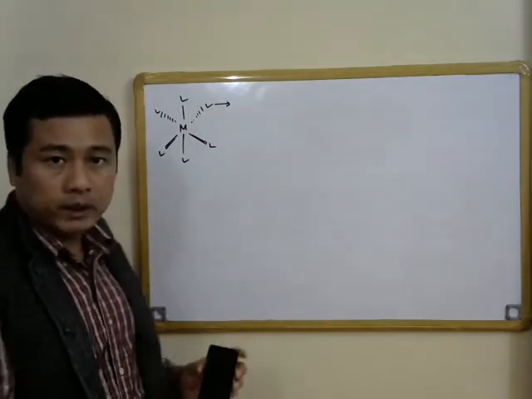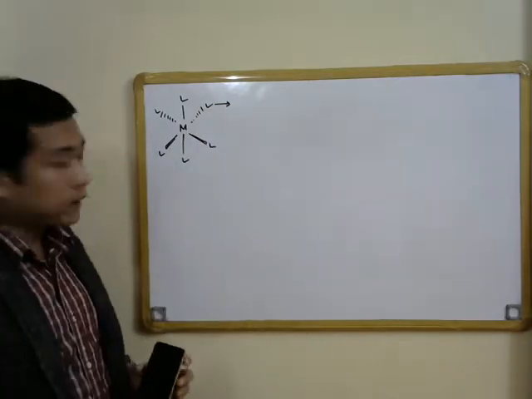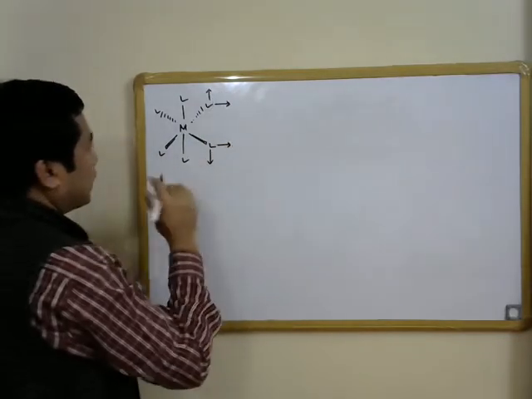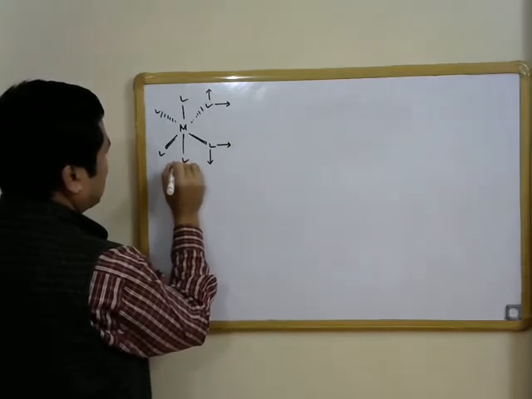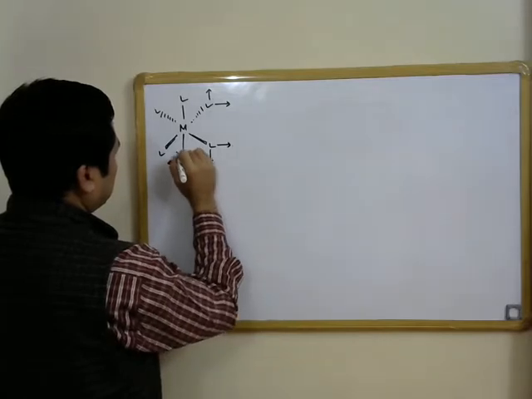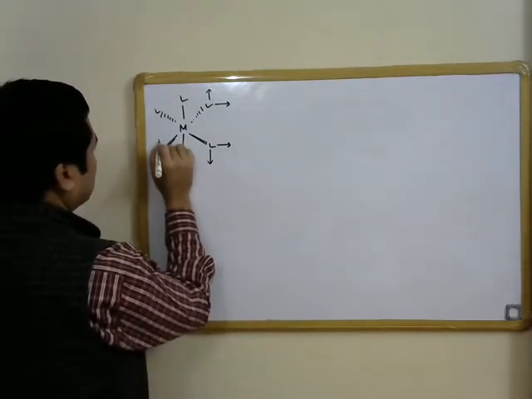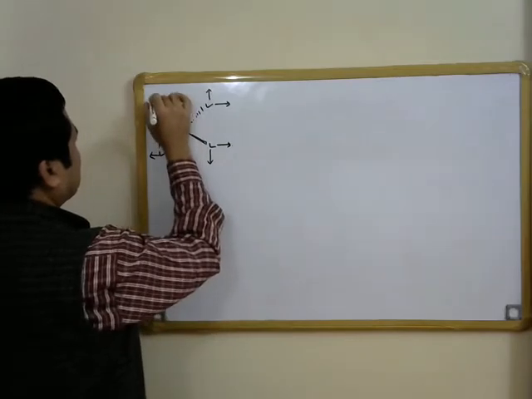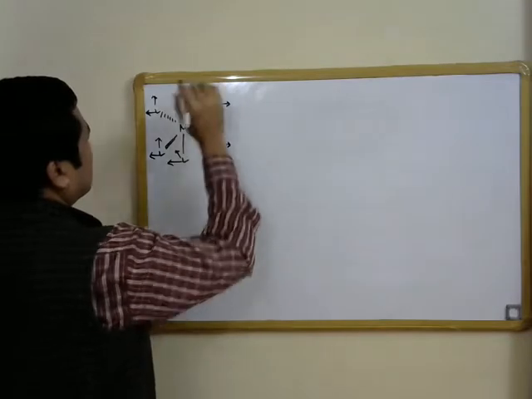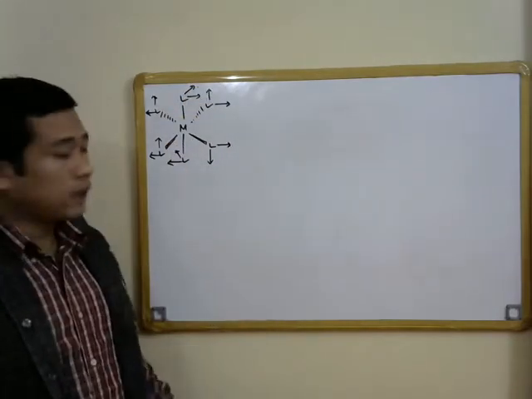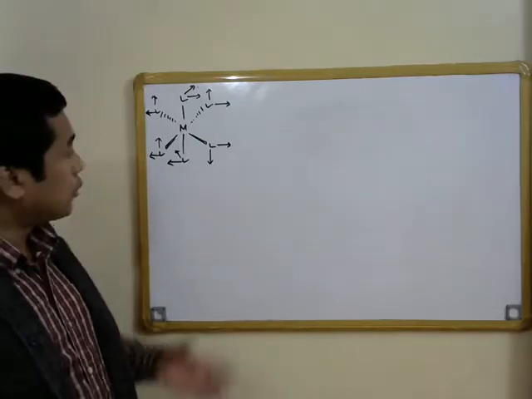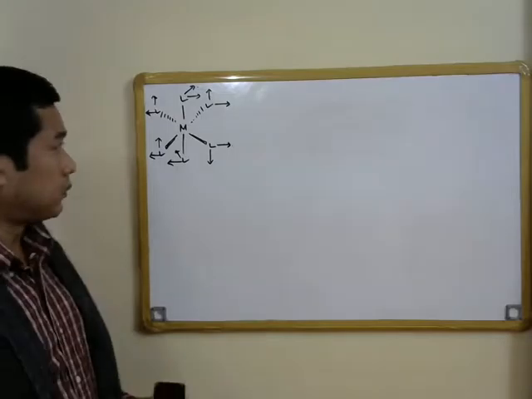We'll draw bond vectors which are perpendicular to the sigma bond vectors over here, and we'll draw two bond vectors on each of these ligand atoms. So this is how we can draw the pi bond vectors, and let us now find out a reducible representation by taking these pi bond vectors.